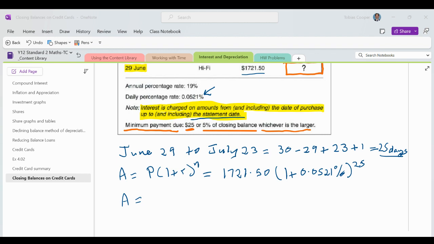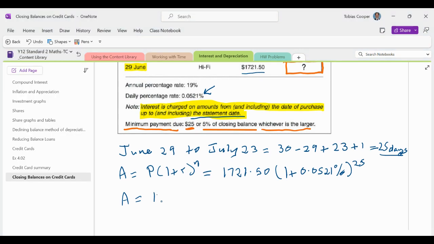Okay, so put that in and we get 1744.06. Okay, so that's actually the amount owing, A for amount, the amount owing on the card, right?